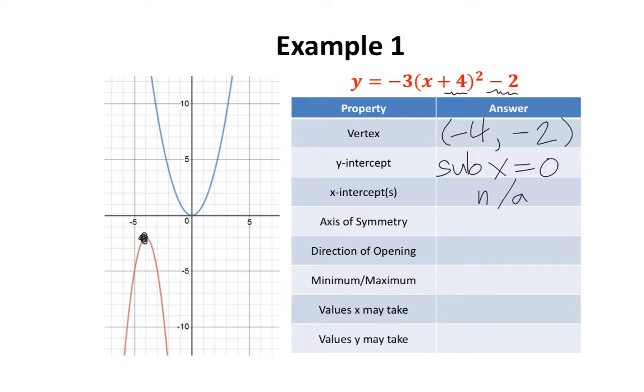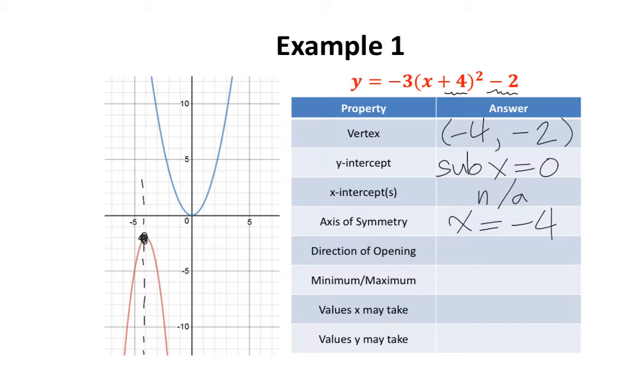Remember, the axis of symmetry passes through the vertex. I'm just going to do a rough sketch over here. Remember that this is a vertical line, and the equation of a vertical line is x equals, and in this situation, it's x equals -4.